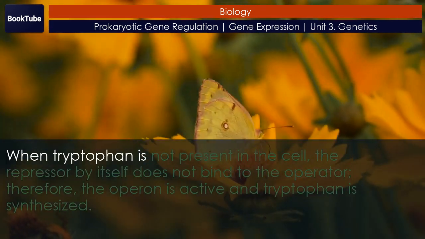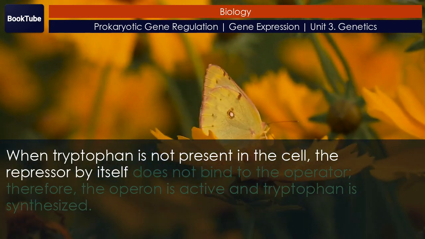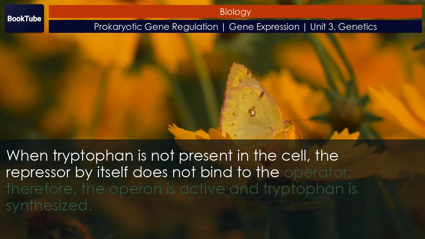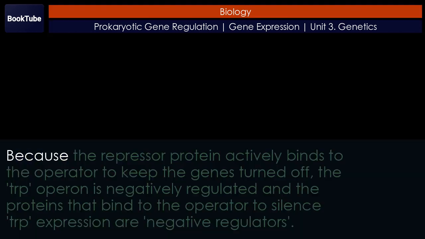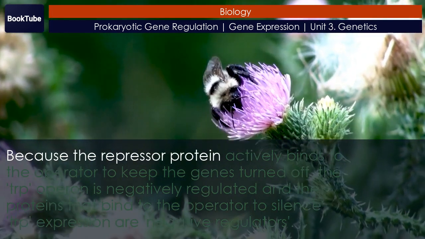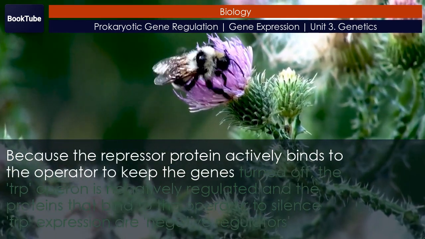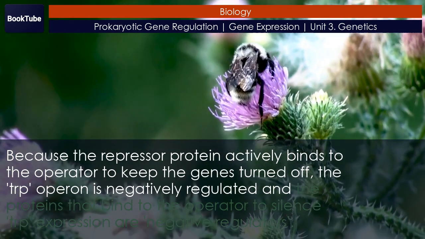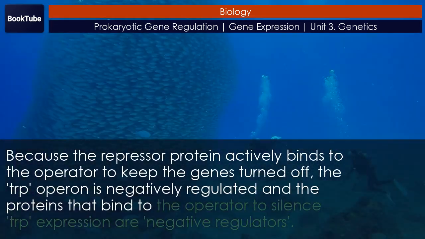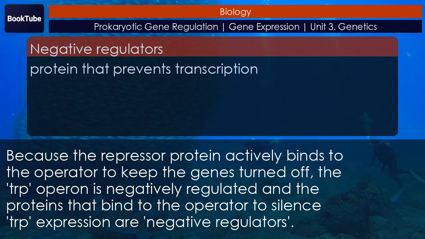When tryptophan is not present in the cell, the repressor by itself does not bind to the operator. Therefore, the operon is active and tryptophan is synthesized. Because the repressor protein actively binds to the operator to keep the genes turned off, the TRP operon is negatively regulated and the proteins that bind to the operator to silence TRP expression are negative regulators.